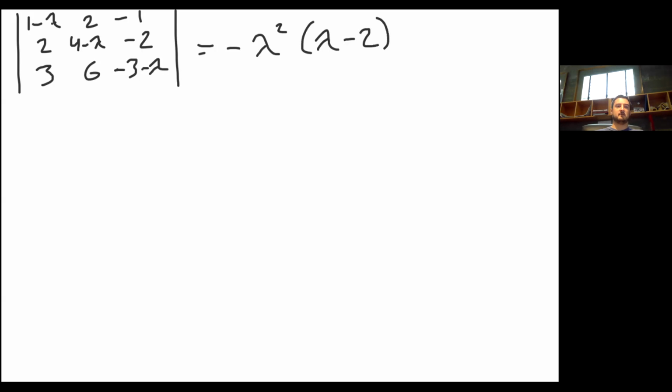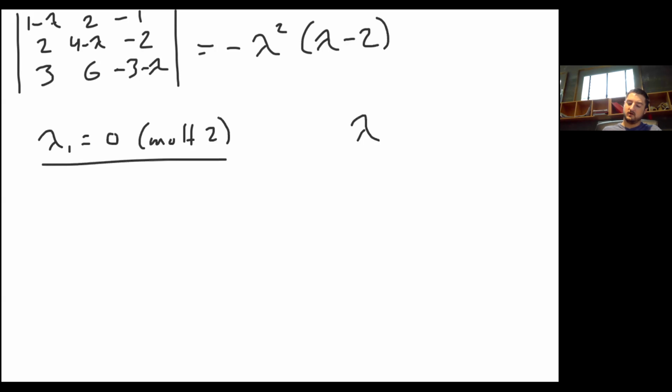So this tells me that when I set this characteristic equation equal to 0 and solve for the lambdas, I get 2 eigenvalues. I get an eigenvalue of 0 with multiplicity 2, and I get an eigenvalue of 2, which based off of most of your answers for your matrix P, you did get.